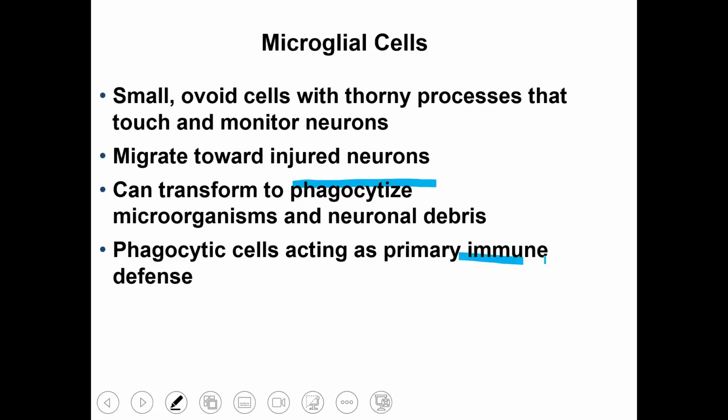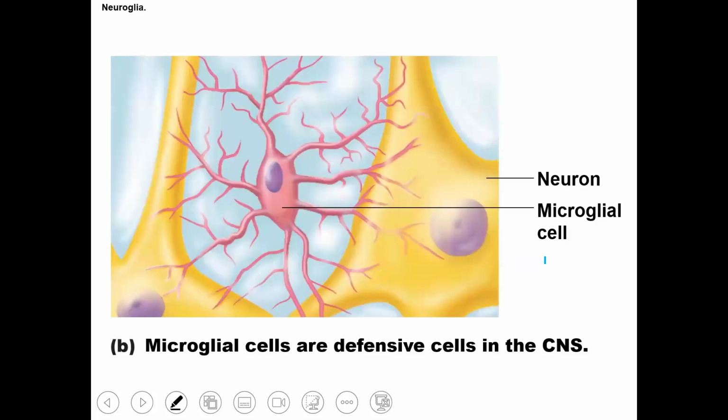So again, this is the primary immune cell of the nervous system. So the microglial cells are where the neuro and immune systems really overlap. And this is the cute little picture of the microglial cell. So you could see that this is the defensive or the immune cell here.